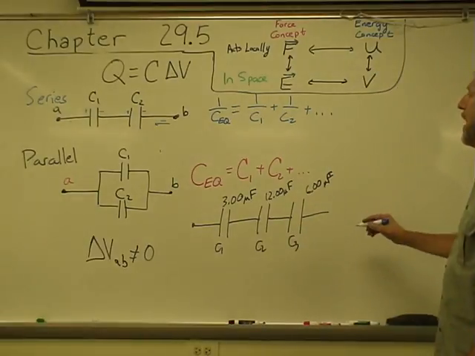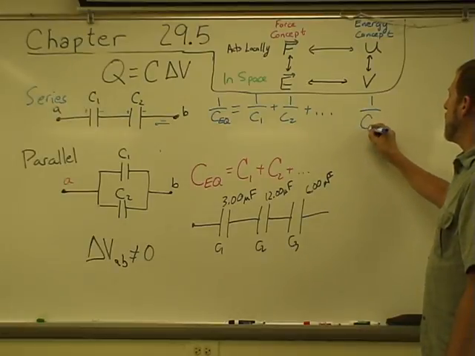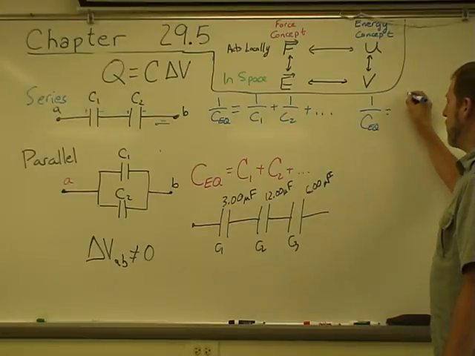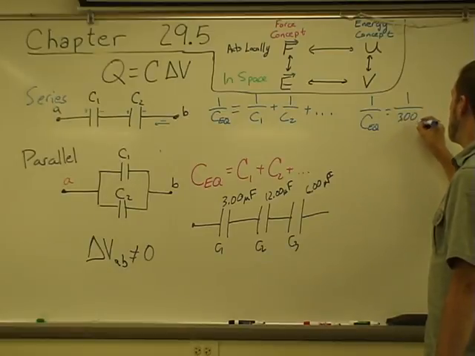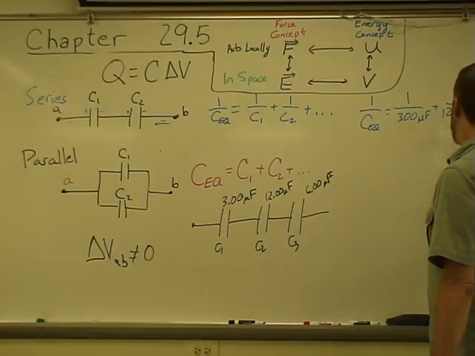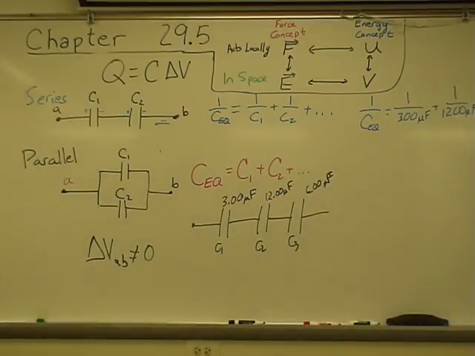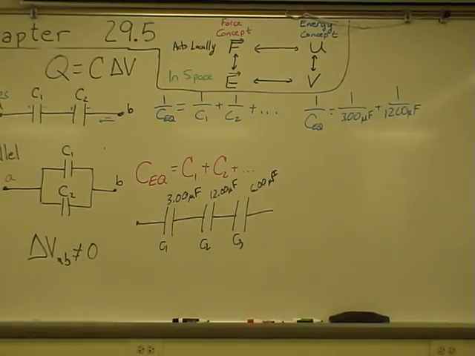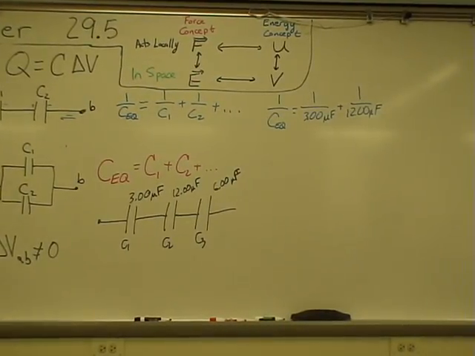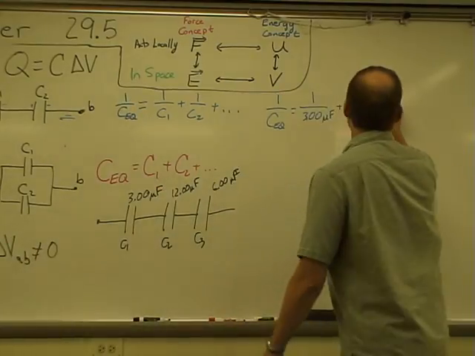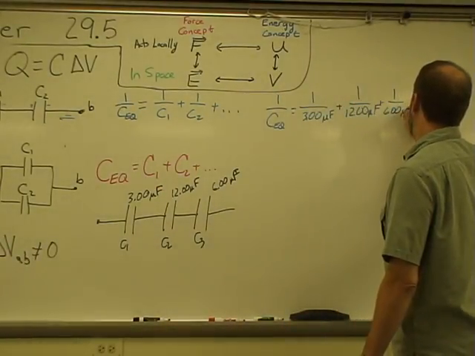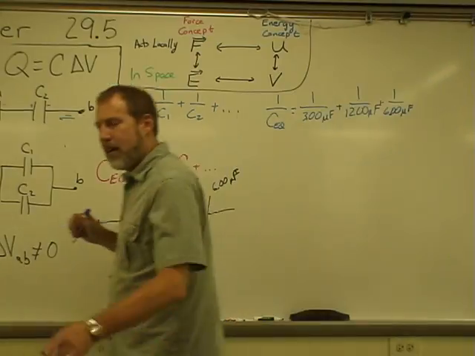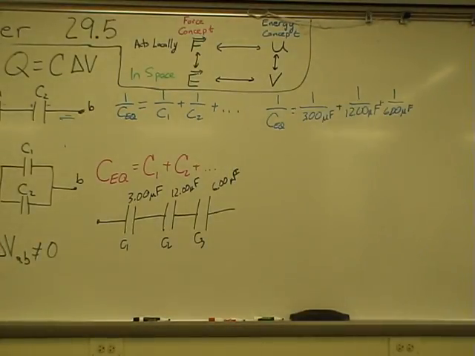To find the total capacitance of that, 1 over the equivalent capacitance is equal to 1 over 3 microfarads plus 1 over 12 microfarads. I'm going to need to deflect this just a smidge. Plus 1 over 6 microfarads. I'm going to stop here and start the next one as an example.